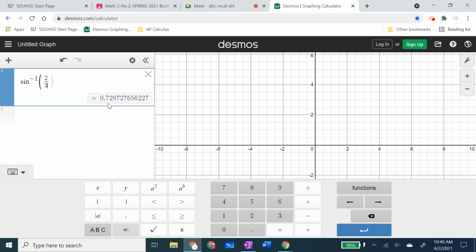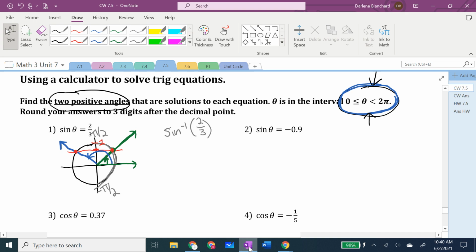And I get an answer 0.73. 0.73 is one of my answers, but there are two angles between 0 and 2 pi.